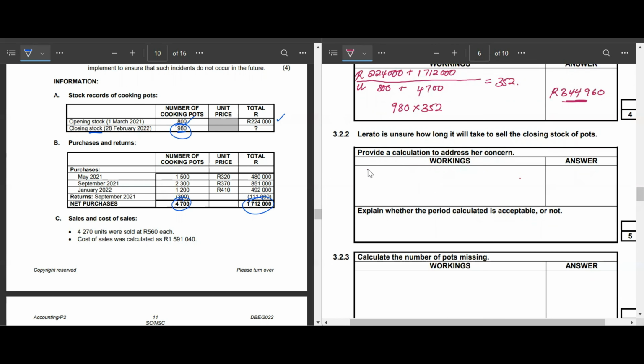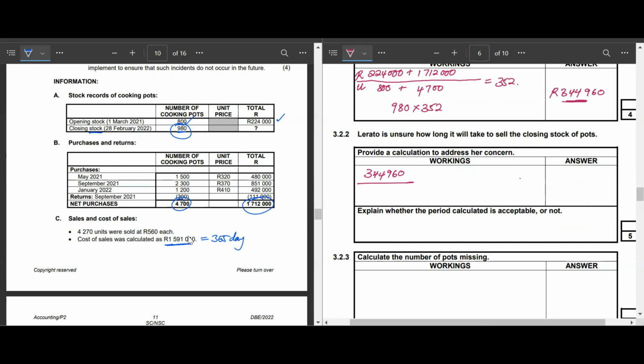I'll take the closing stock, which is 344,960. I want to know how long it would take to sell these, but I know that this year I have cost of sales of 1,591,040. This was for the 365 days.